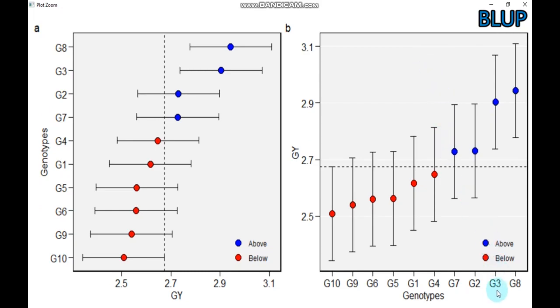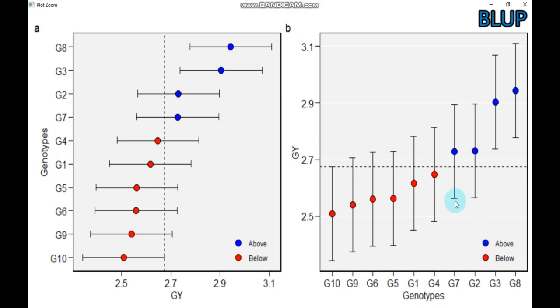genotype 8 and genotype 3 are beyond the mean level, as you see here. So they contribute the highest grain yield and are more stable compared to G10 and genotype 9.